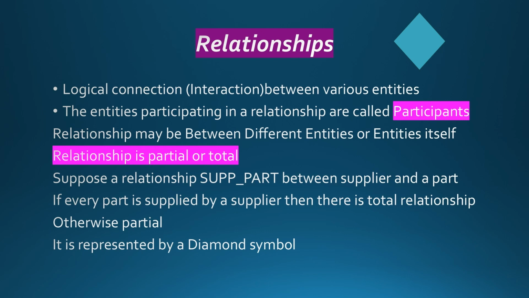Let's see an example. Suppose a relationship between supplier and part. If every part is supplied by a supplier, then there is a total relationship, otherwise it will be partial. It means if every part is not supplied by a supplier, then there is a partial relationship.